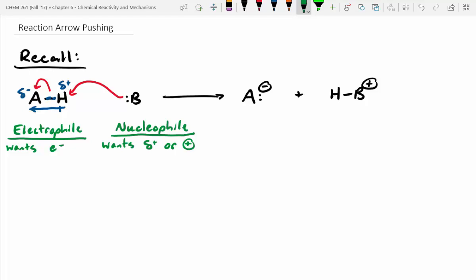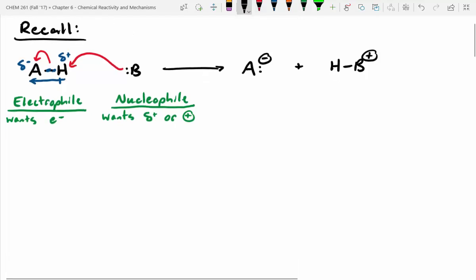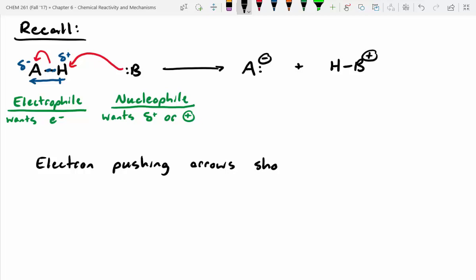Good question. All right, getting back to the arrow pushing thing, though, it's important to note that arrows always show the movement of electrons, not movement of atoms. So it shows electron movement. Let's take a look at one example. One example is when you have a double-headed arrow.